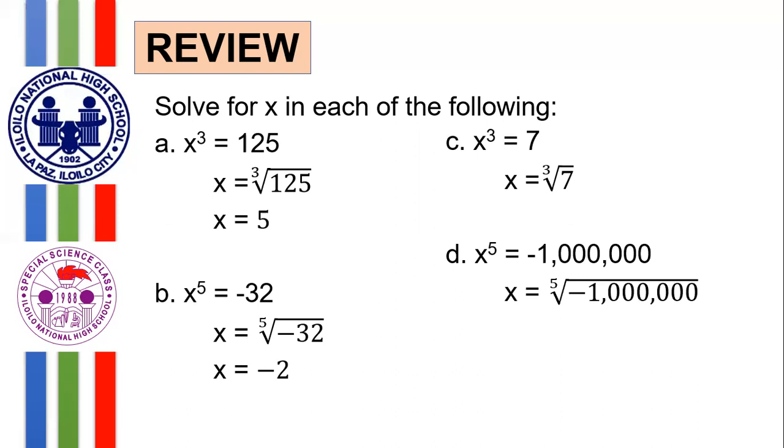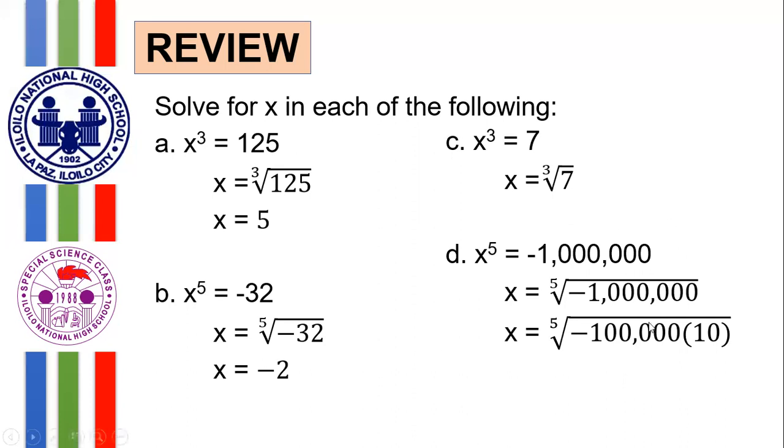The answer is no. But we know that it has a perfect 5th power factor, which is 100,000. For now, I will express negative 1 million as negative 100,000 times 10. If you multiply negative 100,000 and 10, it results in negative 1 million. So we just re-express it in another way, and they are in fact equal to one another.